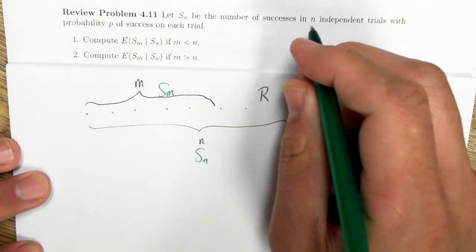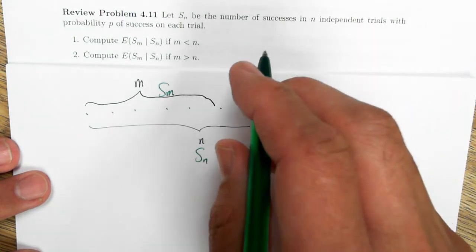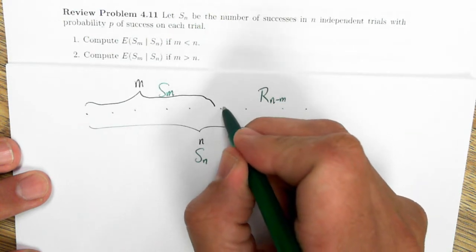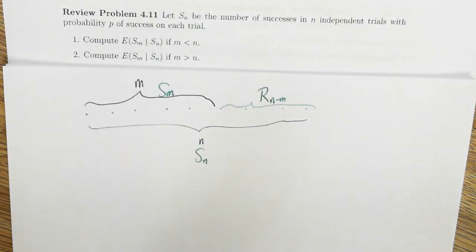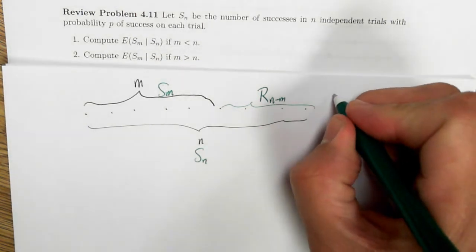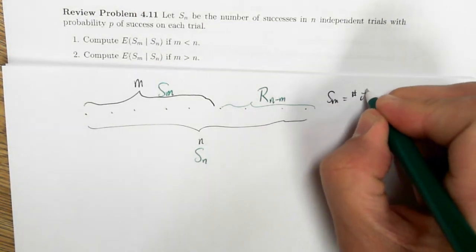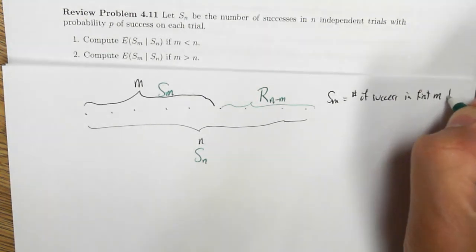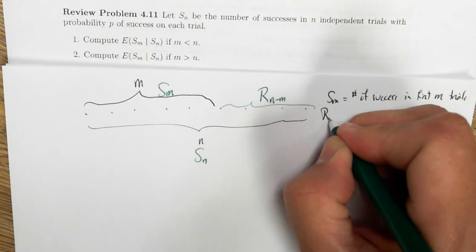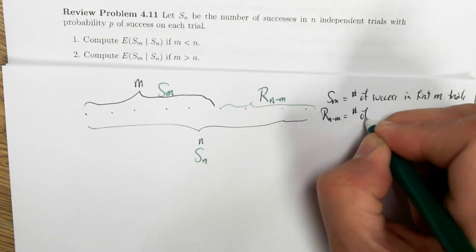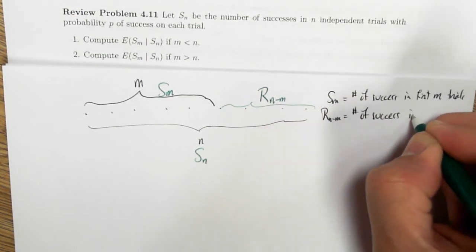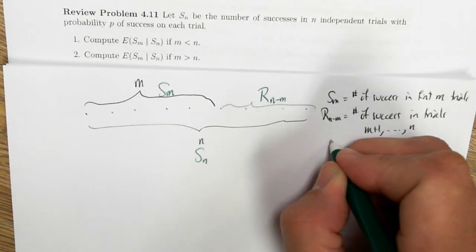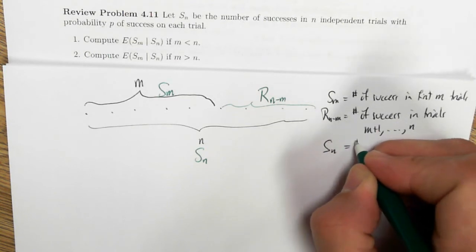And let R sub n minus m be the number of successes in trials m plus 1 through n.